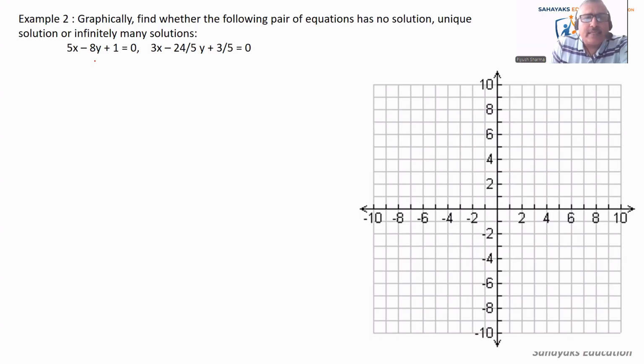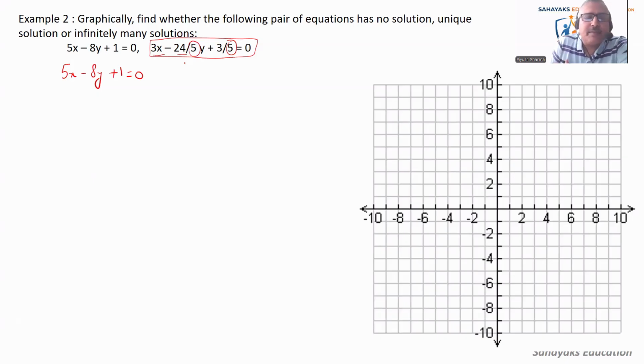Now, if I look at this equation, I can see that 3 is common in this. So the first equation is 5x minus 8y plus 1 is equal to 0. In the other equation, I'm multiplying by 5 by 3 to remove the denominator 5 and take 3 as common.